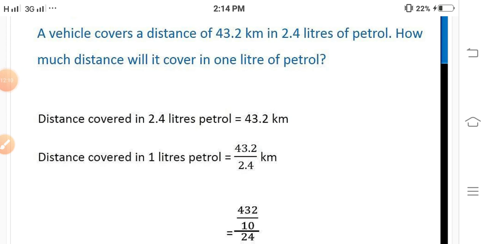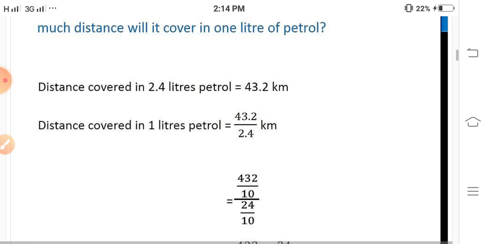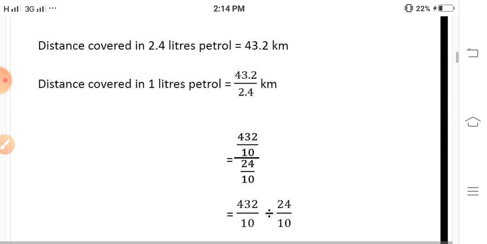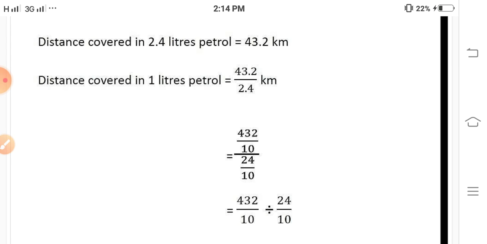So students, the distance covered in 2.4 liters of petrol is 43.2 kilometers. Now the distance covered in 1 liter of petrol, we will find using the unitary method. We will divide 43.2 by 2.4. We will remove its decimals, or in a simple manner you can do it as you are doing.